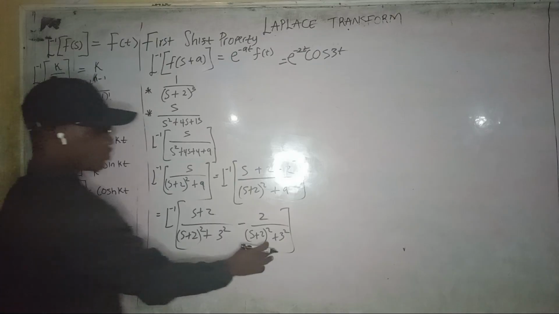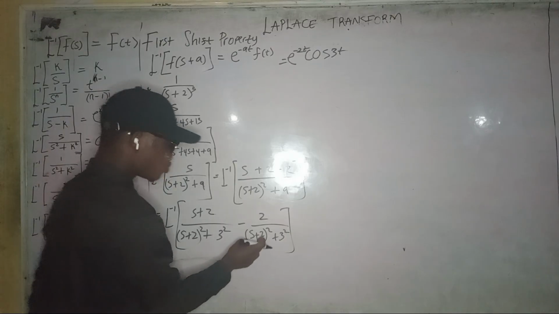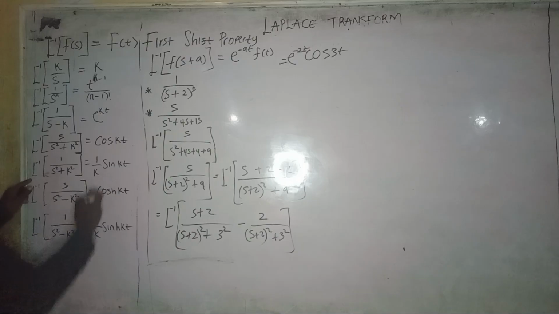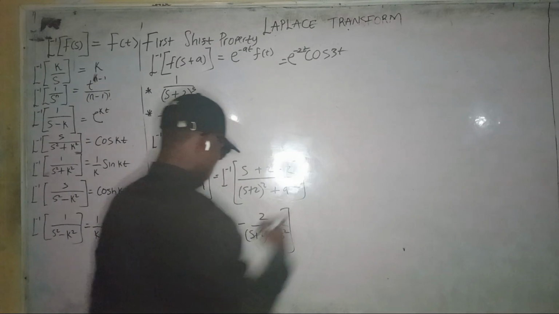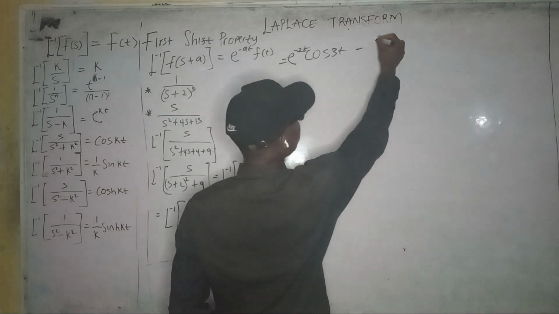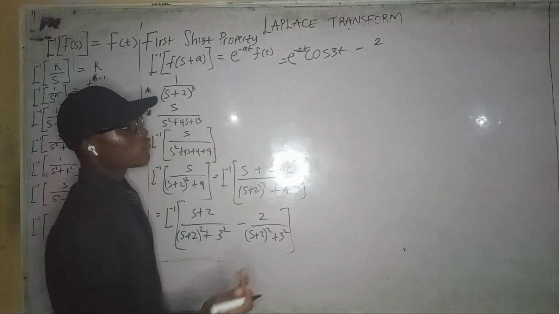And for this one, without the plus 2, it is going to be a regular sine component, which is equal to minus 2 times 1 over 3.